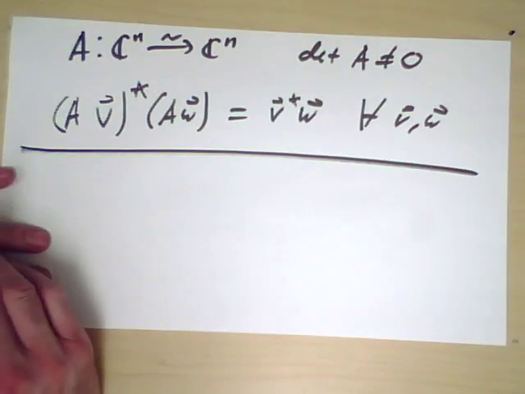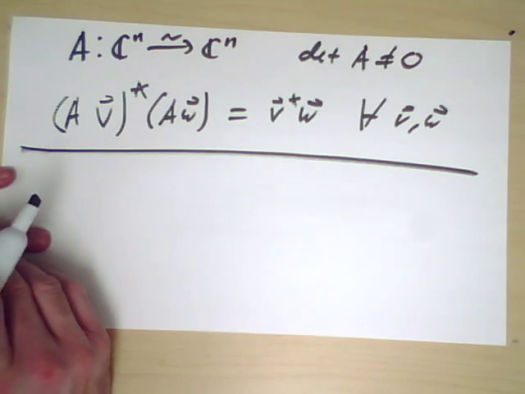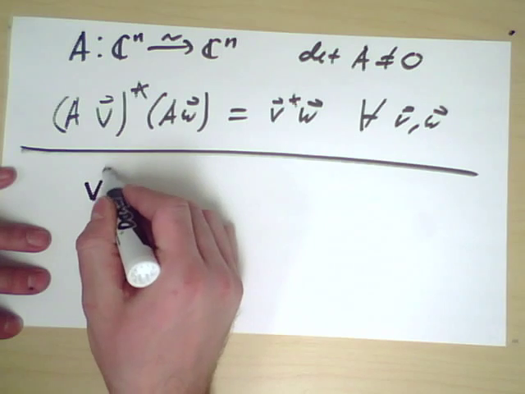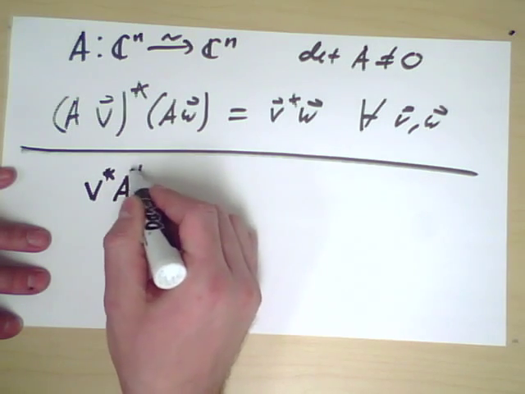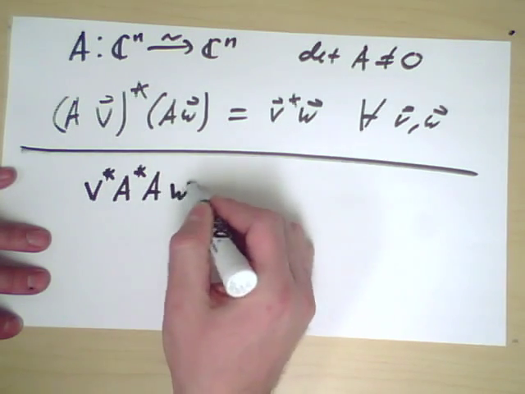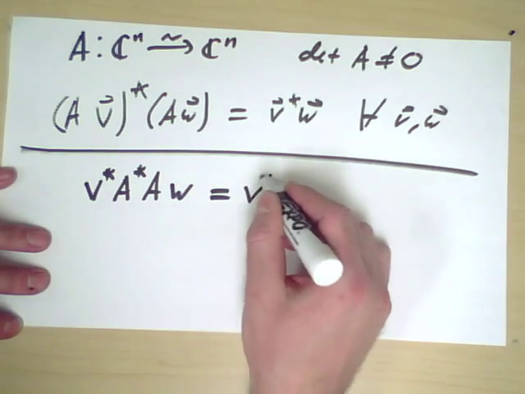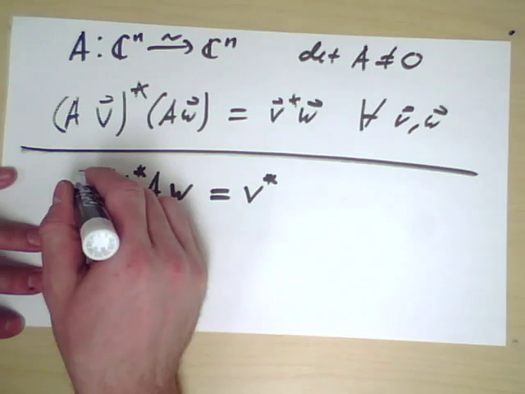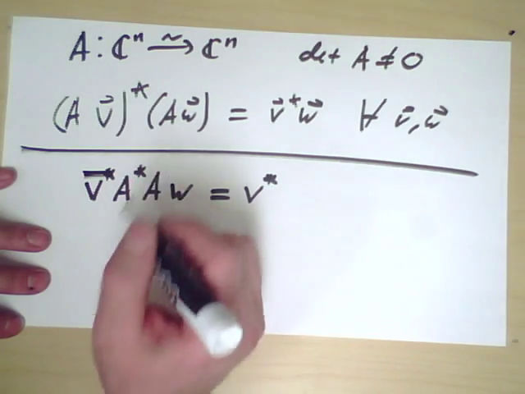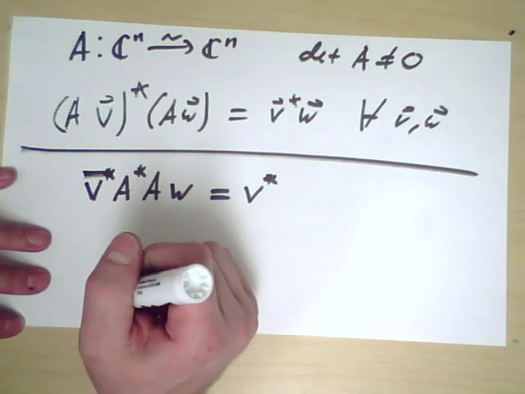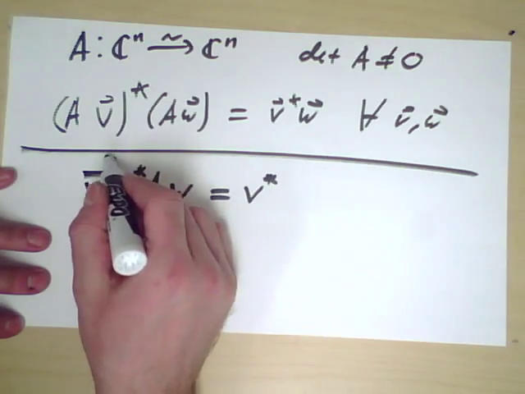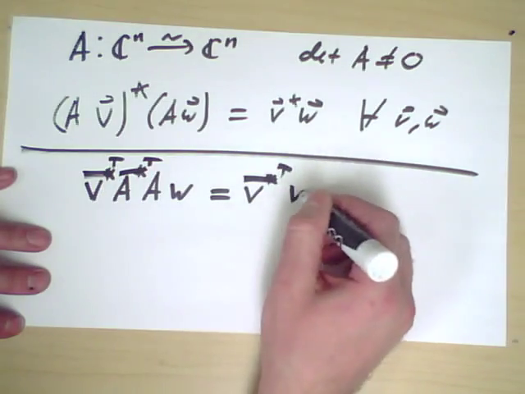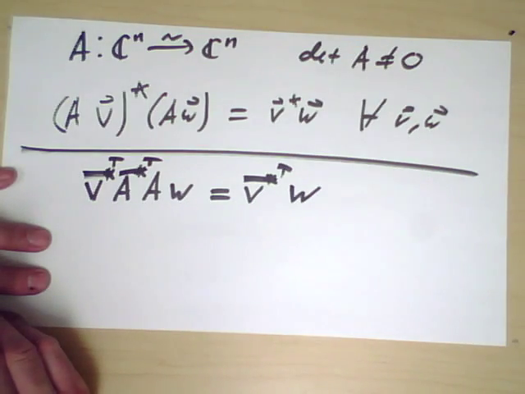Following the same procedure we did for the orthogonal matrices, you can see almost immediately that this version using the transpose conjugate still holds.